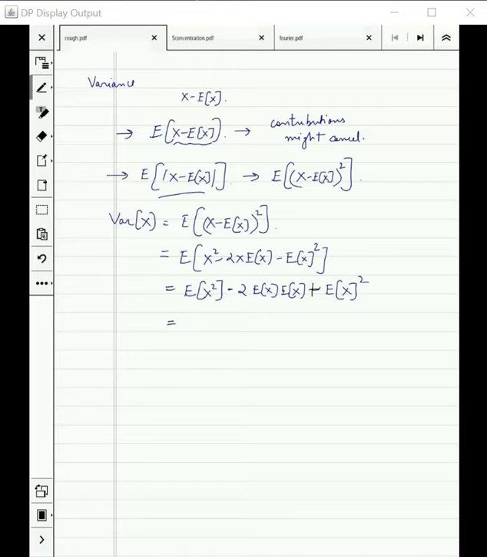This was a plus. So the entire thing gives us E[X square] minus (E[X]) whole square. This is known as the variance of X.